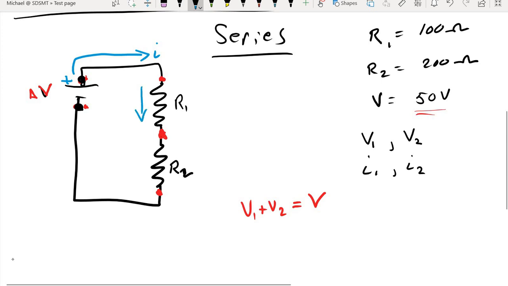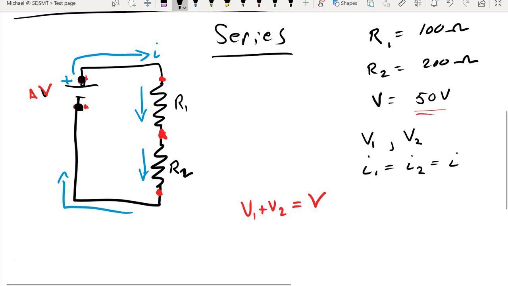It has to go through resistor 1, and then through resistor 2 before eventually returning to the battery. So that means that our two currents, I1 and I2, are actually the same current. They both have the same current of I.